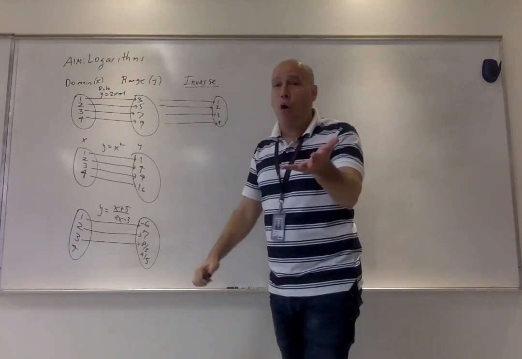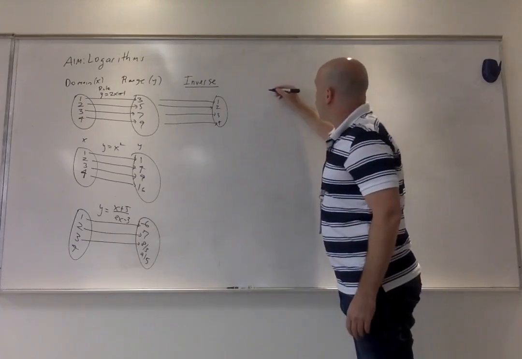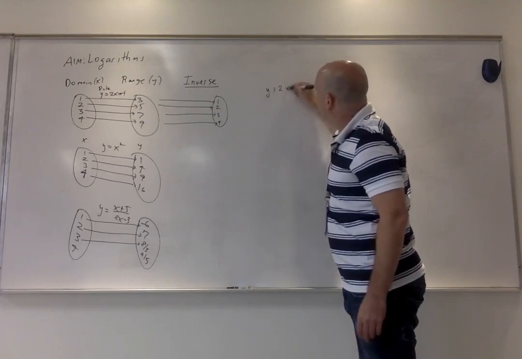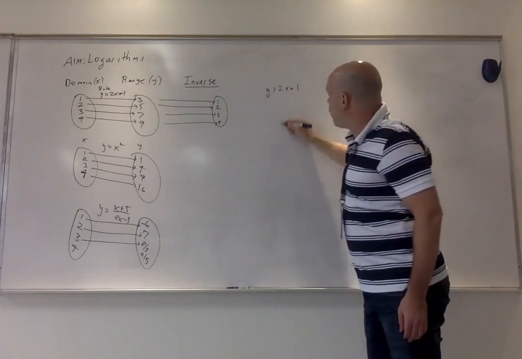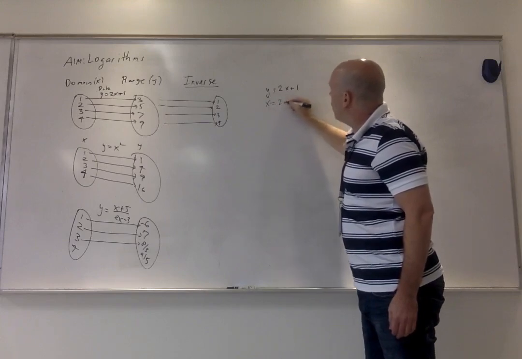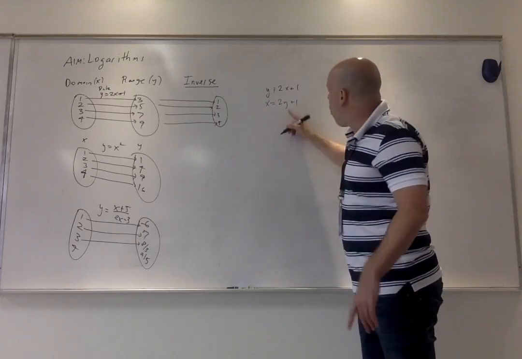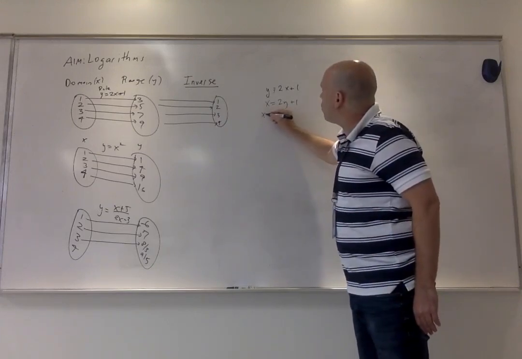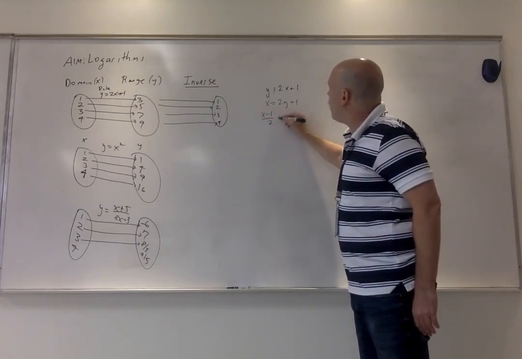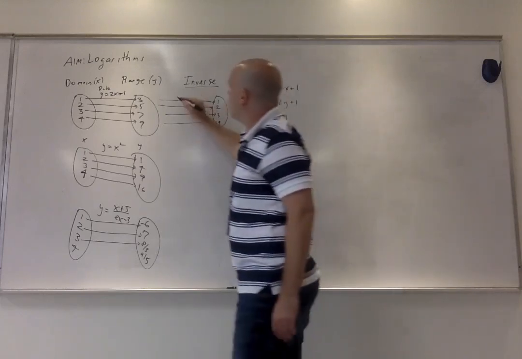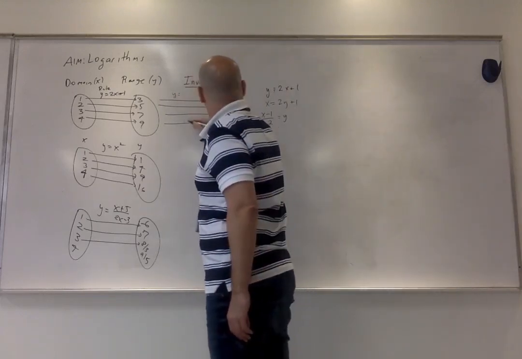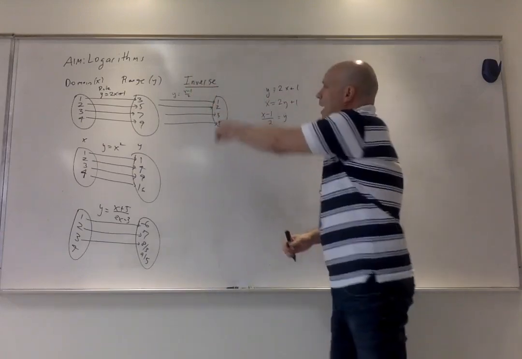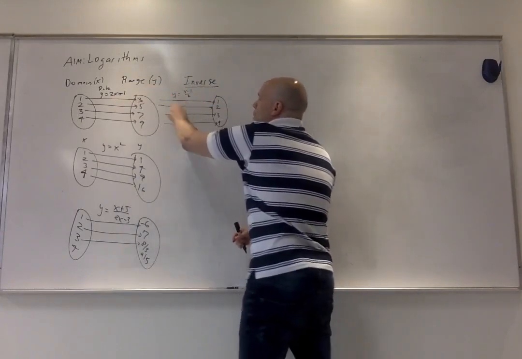Does anyone recall the technique? The technique was: write the function, write the rule, switch the x and the y, and then make y the subject, or solve for y. So x minus 1 divided by 2 equals y.